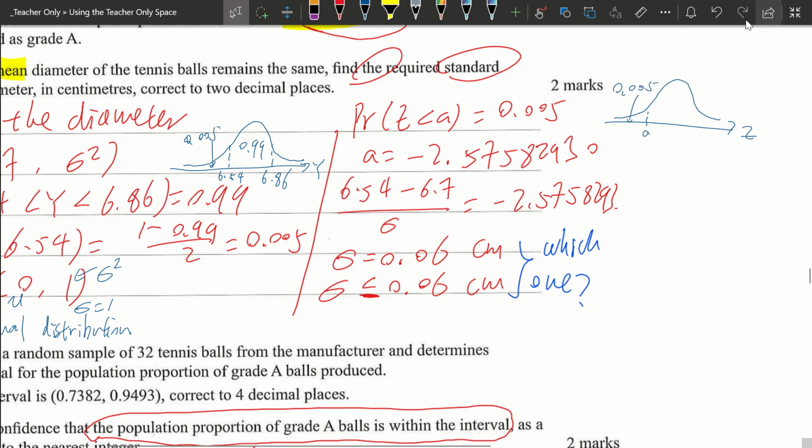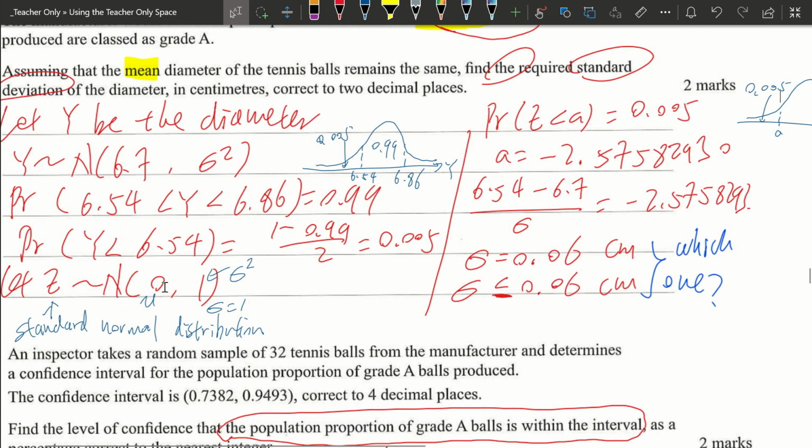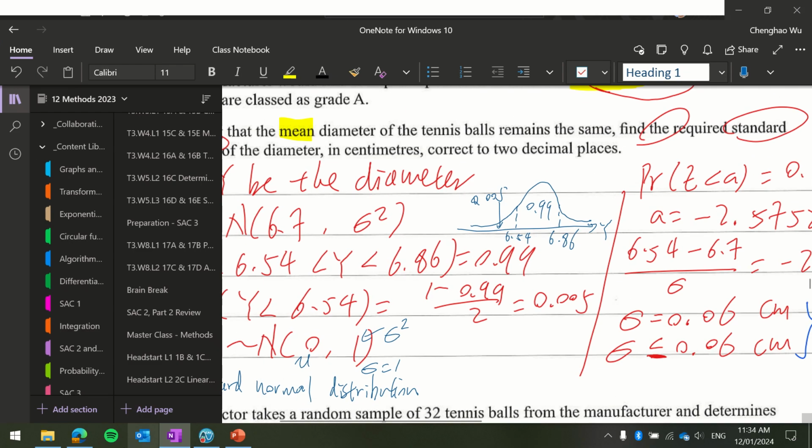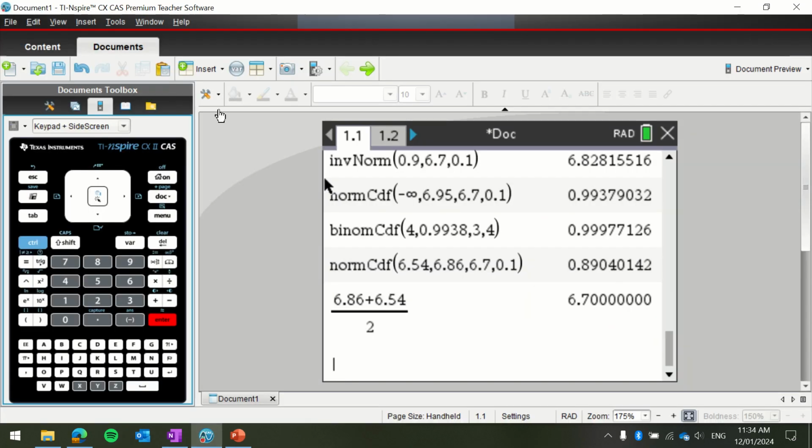There's some area, 0.005, to the left of some value, A, and I can easily find out A. In the standard normal distribution, I can easily find the A point where the area to the left is 0.005, because by definition the mean and standard deviation are given to me, 0 and 1. So I can do this.